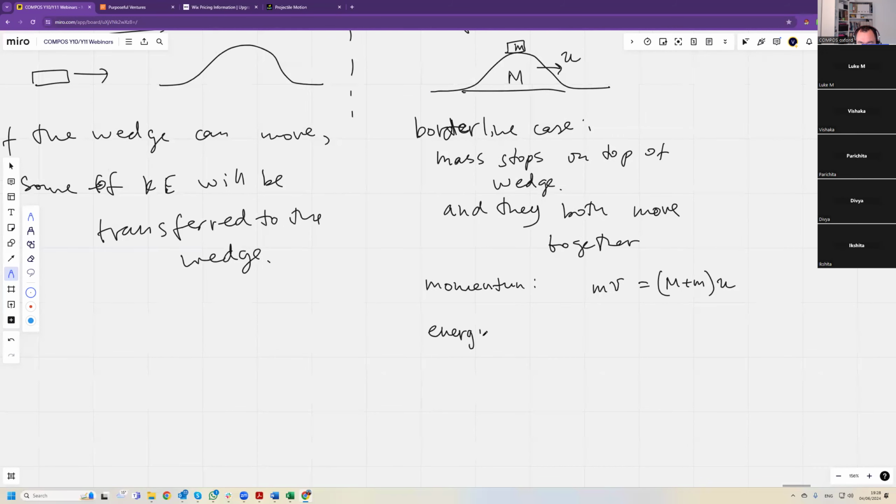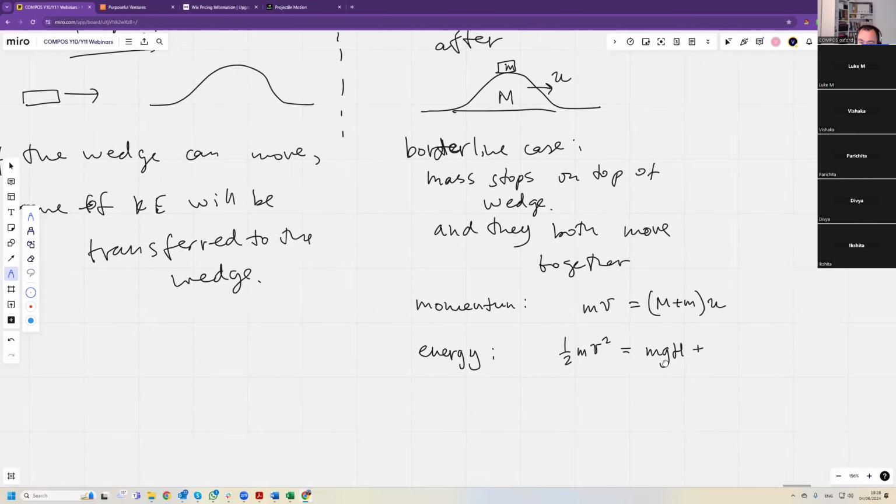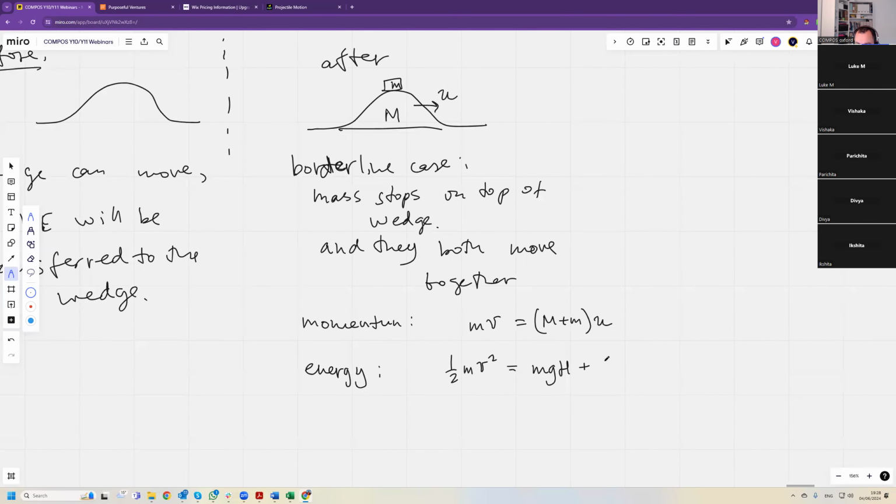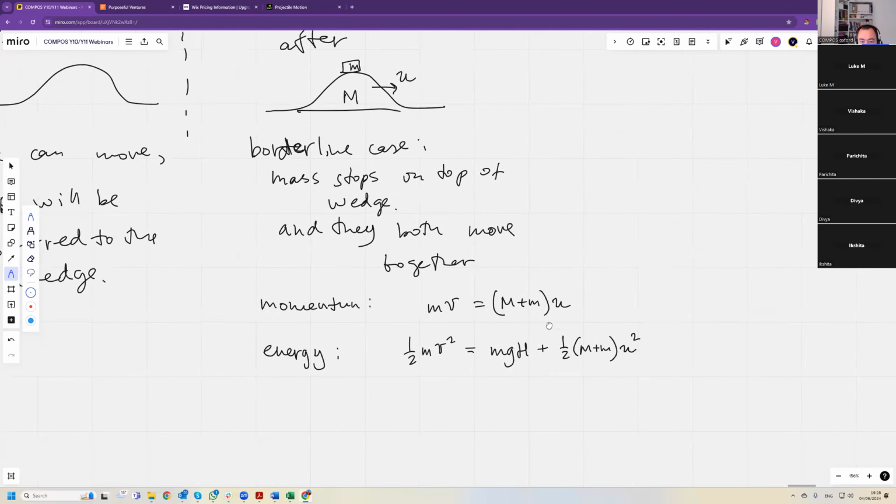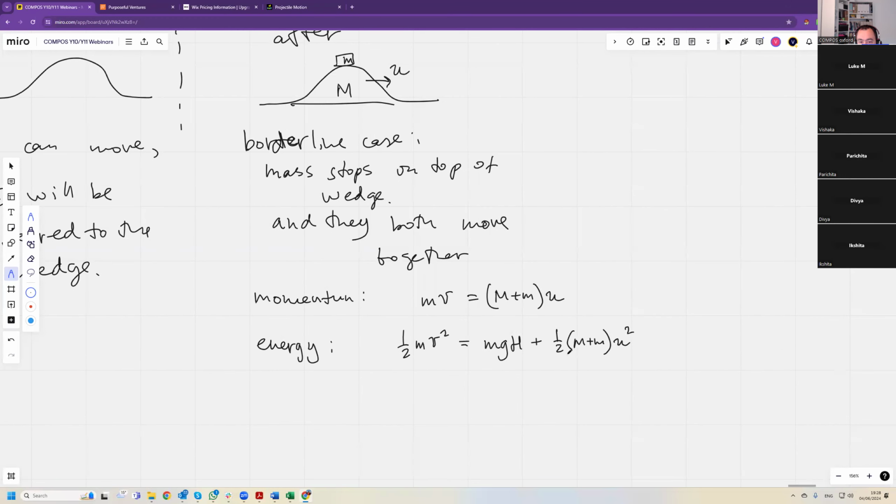Energy. So we have 1/2 mv squared equals gravitational energy, mgh, plus the kinetic energy, so it's 1/2 m plus m multiplied by u squared. All right, and then we solve these. We substitute m is 1.